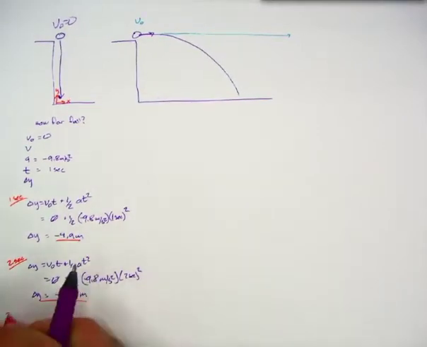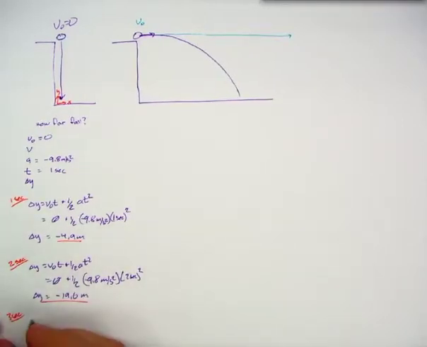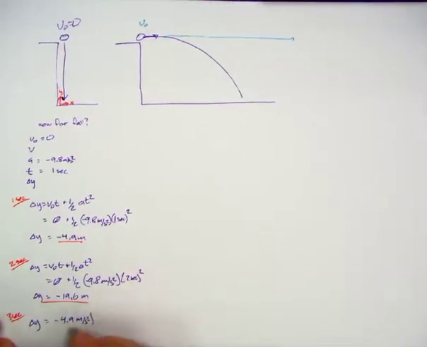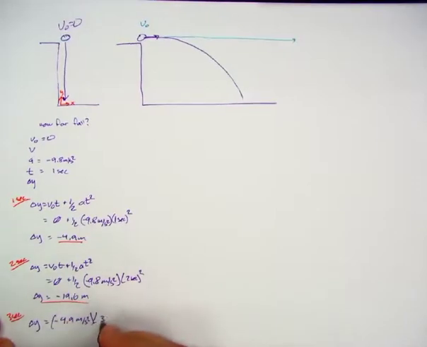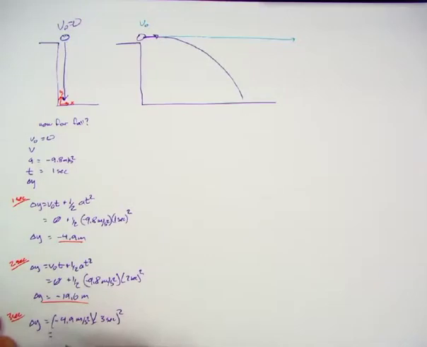And similarly, what happens after 3 seconds? You can see what happens. We're doing the same thing. We end up with delta y equals negative 4.9 meters per second squared times 3 seconds squared, or delta y is equal to negative 44.1 meters. Right?